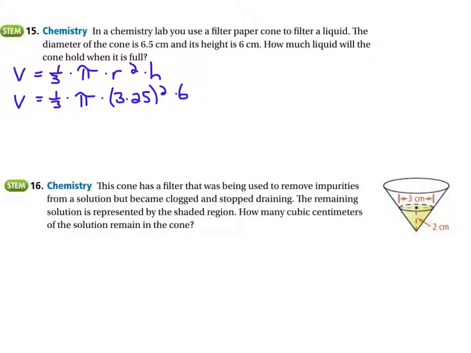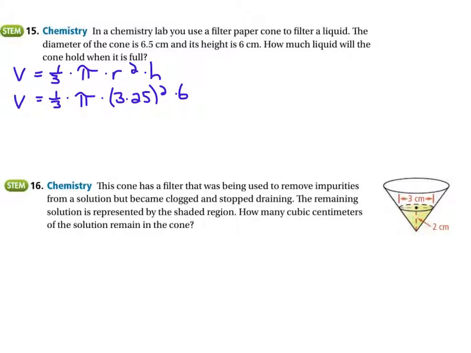Okay, so we do 3.25. Square it, multiply it by 6, divide it by 3 to take 1/3 of it, and then multiply it by pi. Okay, it doesn't say what to round it to.